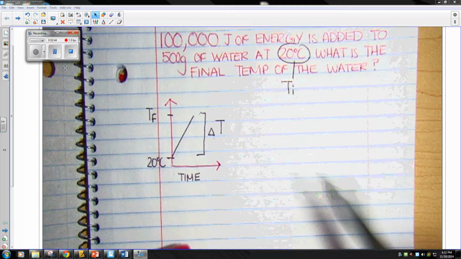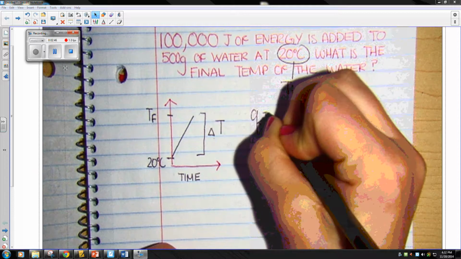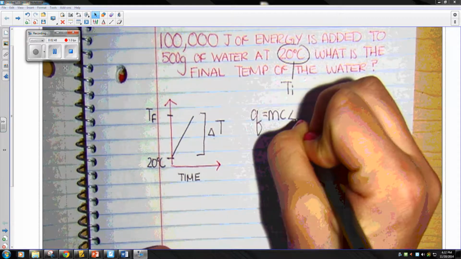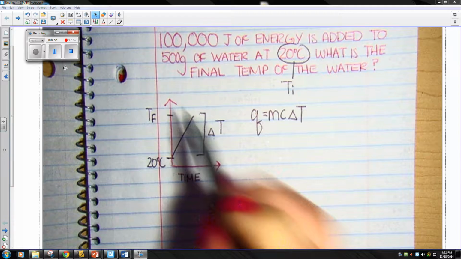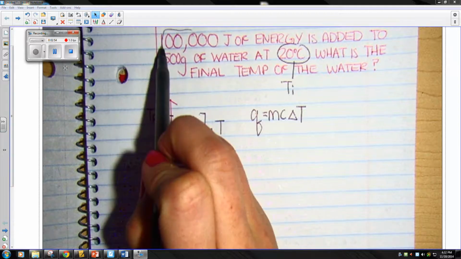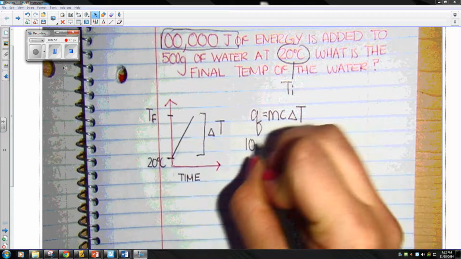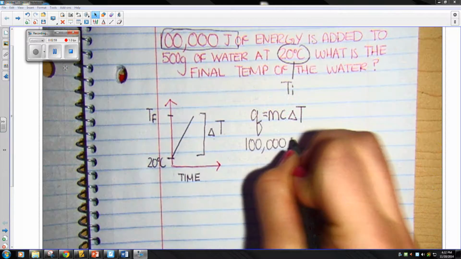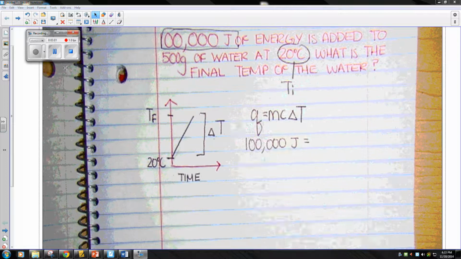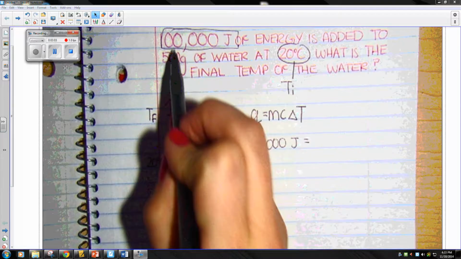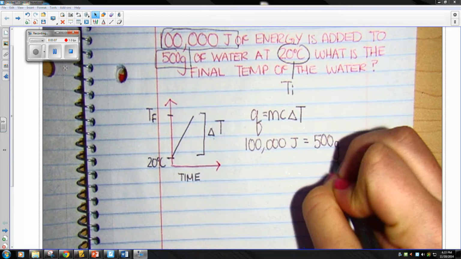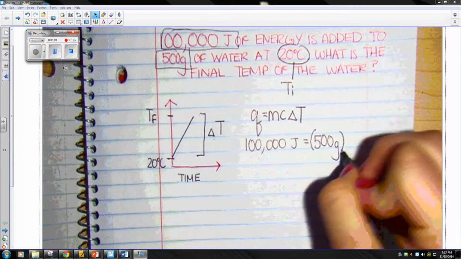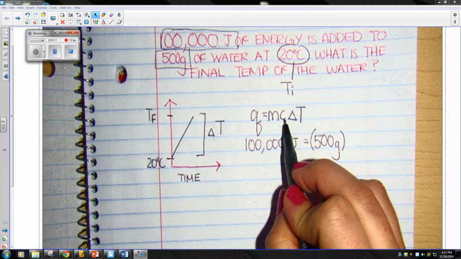So we know we're going to use Q equals mc delta T. And we have to solve for delta T. Do we have a Q? Well, yes, we do. 100,000 joules of energy. Do we have a mass? Why, yes, we do. 500 grams. What about this little c?